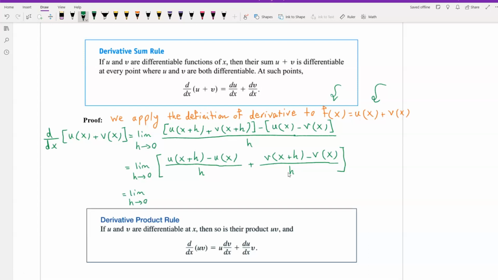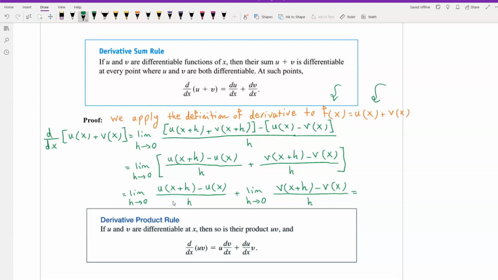So that is limit, writing each one individually. So we have limit of u of x plus h minus u of x divided by h, plus limit of v of x plus h minus v of x divided by h.